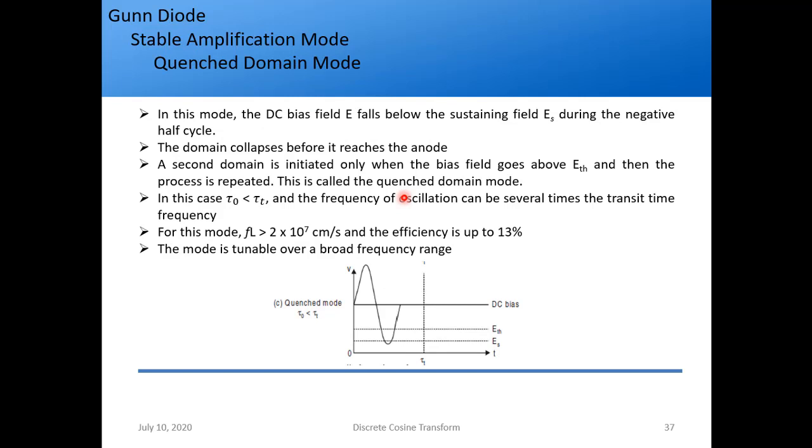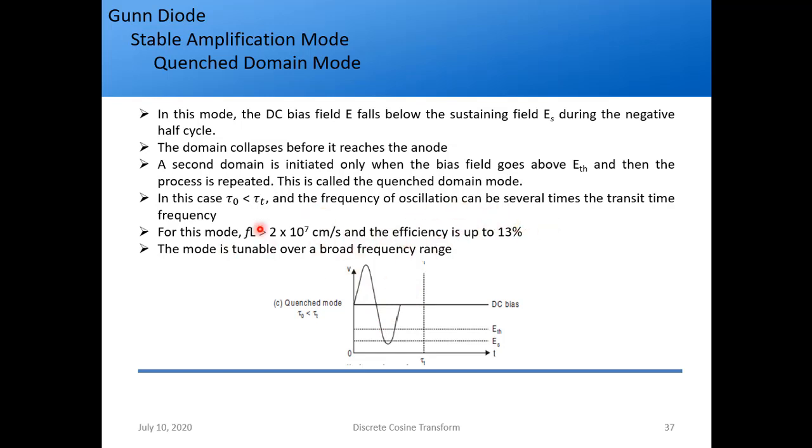Then finally we have the quench domain mode. What happens here is tau naught is less than tau t, and the field goes above ETH. Since the field goes above ETH, it is not able to reach the anode faster. So again the efficiency reduces to about 13%. But what is the advantage?